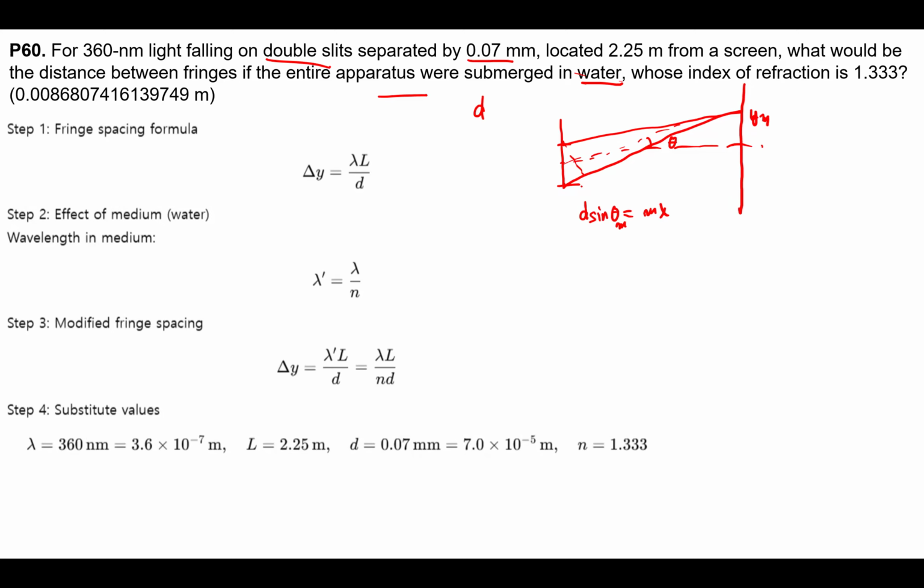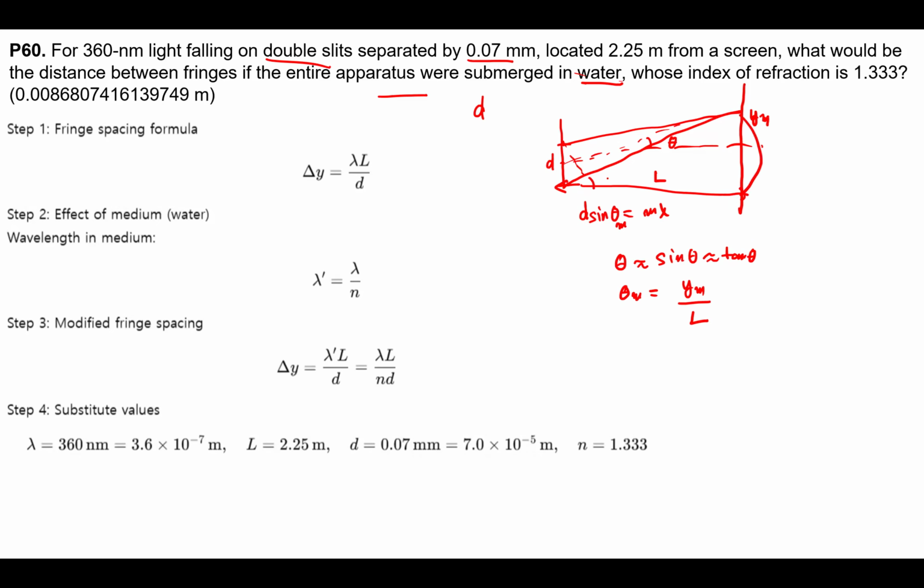And then note that this is the distance L and this is the d, okay? And then here is the theta, a small angle, sine theta is approximately tangent theta. So that what is happening here is that theta_m is y_m over L.